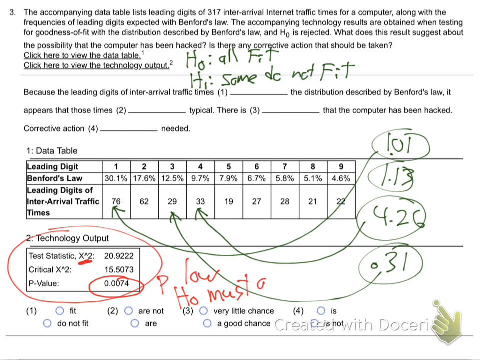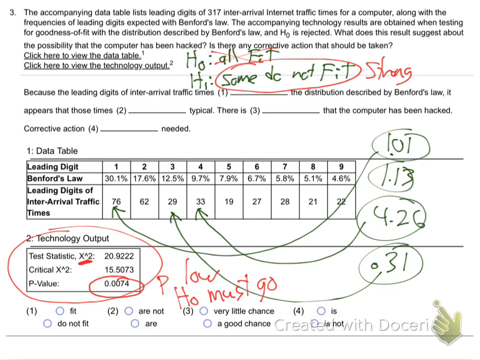H0 must go. Bye-bye, H0. So bye-bye to the assumption that they all fit. We're saying there's strong evidence that at least one of these categories, maybe more, is not coming out as it should.